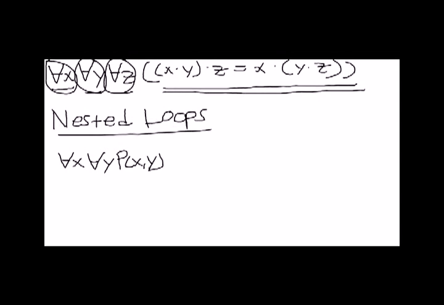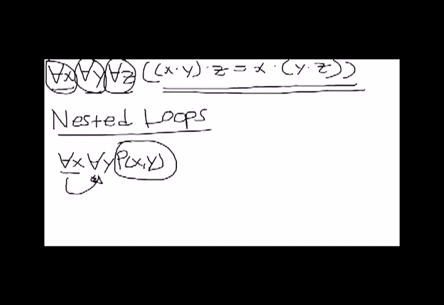In order to check to see if this statement is true, we can iterate through each value of x in our domain of discourse. For each value of x, we can then iterate through each value of y, all the while checking to see if our predicate p of x, y holds true.